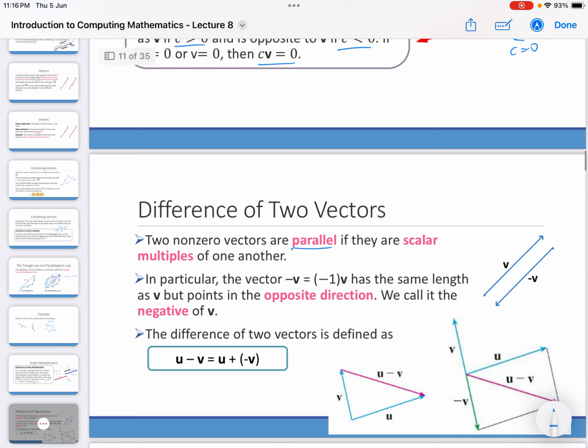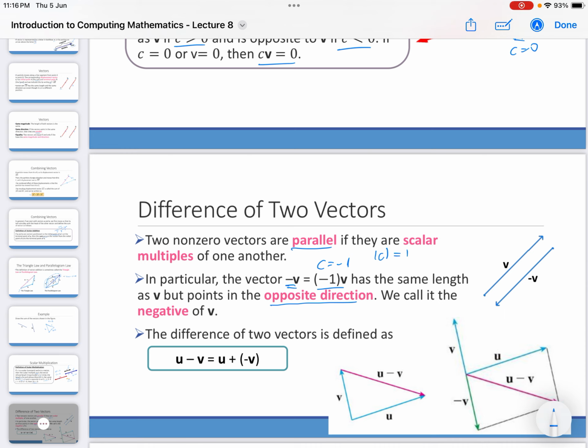In particular, the vector negative V equals negative 1 times vector V. So now C equals negative 1. The absolute value of C equals 1, so the length of negative V will be the same as vector V, but the direction will be opposite because C is negative. This we call the negative of vector V.